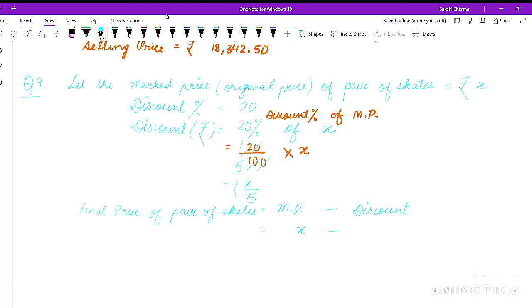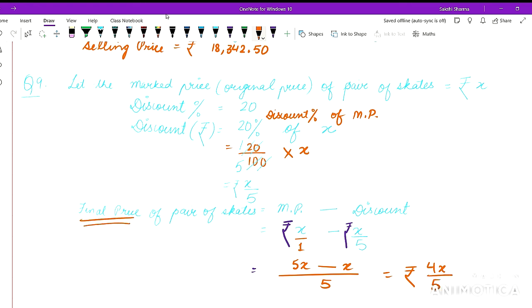So x minus x by 5, and keeping in mind both these values are in rupees. Taking the LCM, this is the final price according to me.